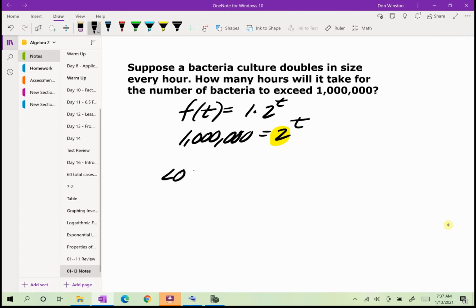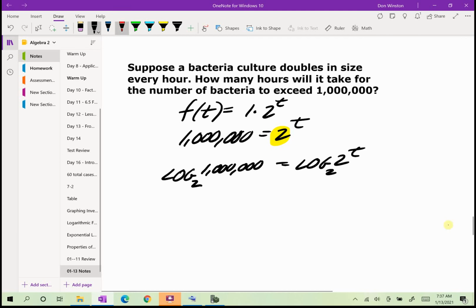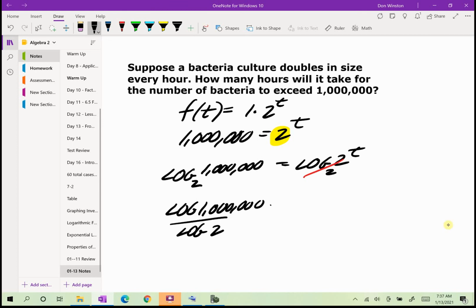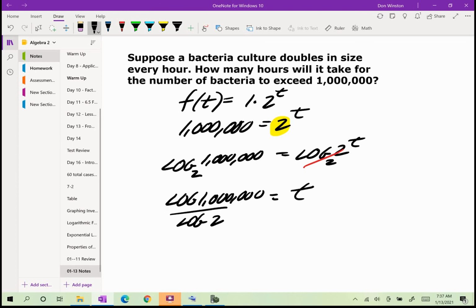So log base 2 of 1,000,000 equals log base 2 of 2 raised to t. Well, again, this just cancels out. And now I have the common log of 1,000,000 divided by the common log of 2 equals t.